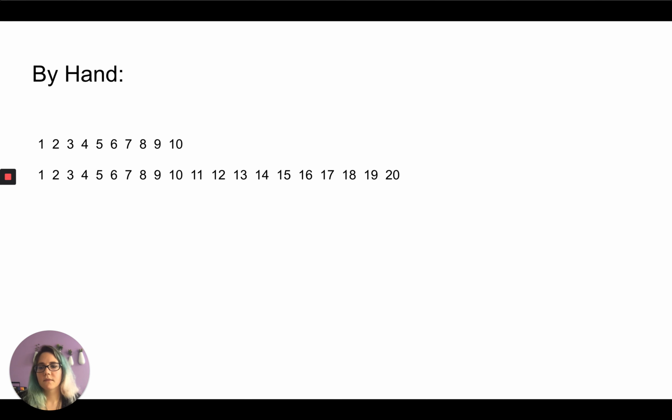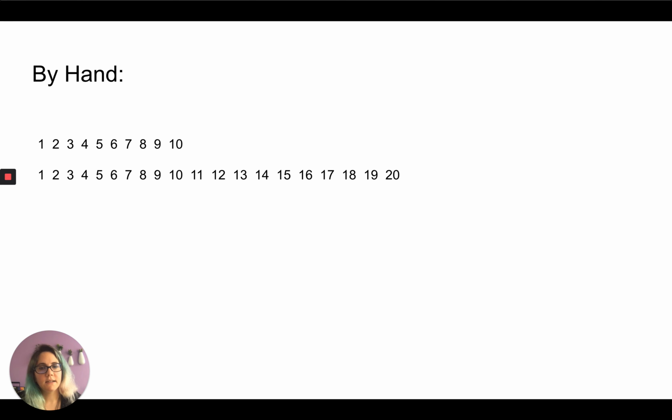16, divisible by 2. 17, not divisible by 2. Not divisible by 3. Not divisible by 5, not divisible by 7, not divisible by 11, not divisible by 13. Alright, so 17 is a prime number.